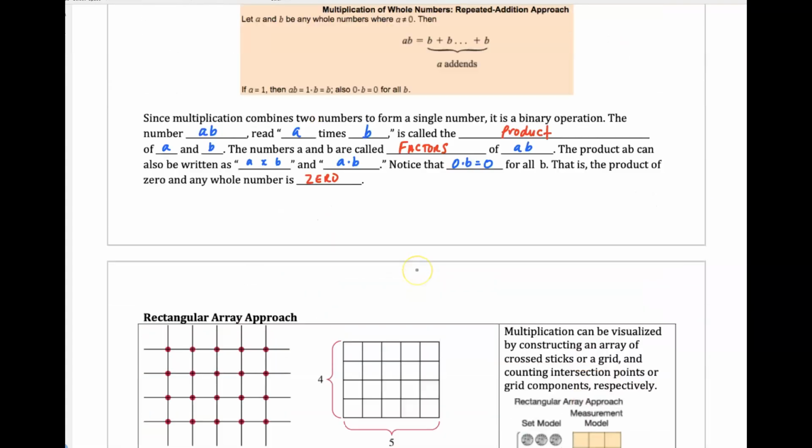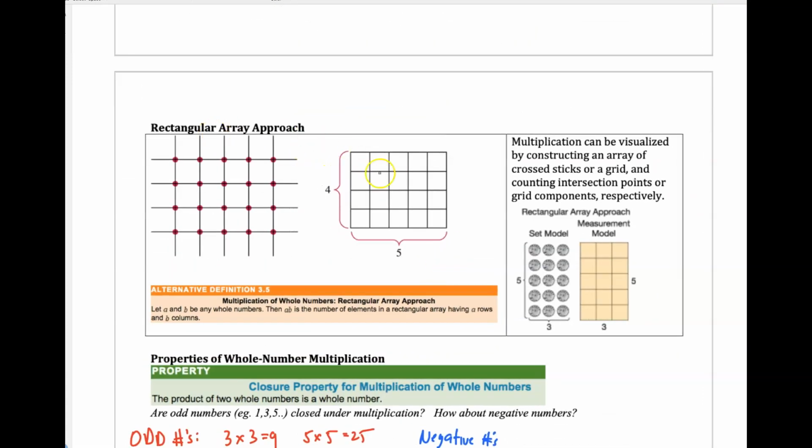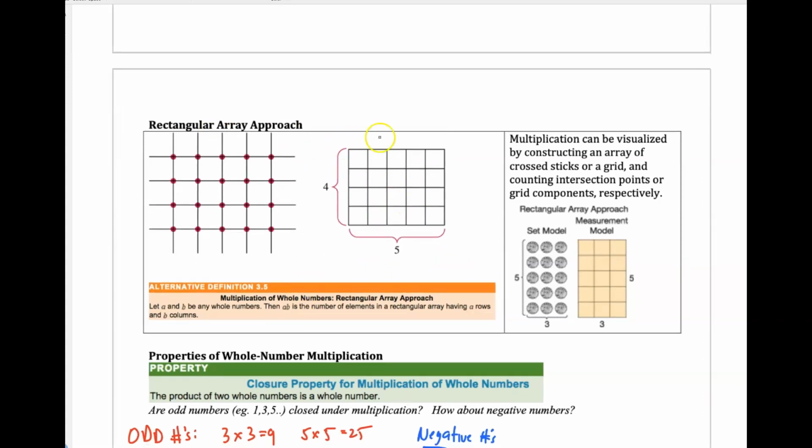Another way to view multiplication is through what we call the rectangular array approach, the number of elements in a rectangular array. If you look at 4 and 5, how many are here? You get 20, and that is what your product would be. AB is the number of elements in a rectangular array having A rows and B columns.